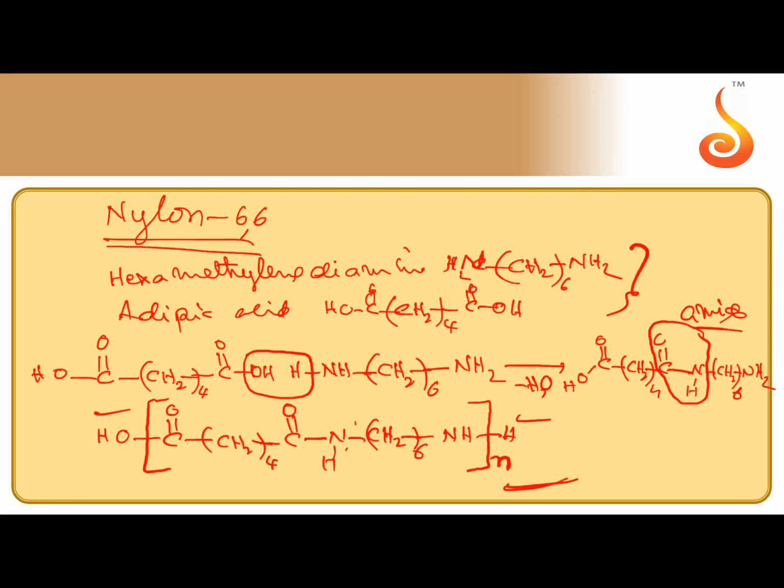For addition polymers, it is very easy. Just you break the pi bond and you show two vacancies at two terminal carbons. So sometimes they may ask monomers by giving repeating unit. If it is polyamide, what you have to do, just you break the CN bond, the bond present between CO and N, you break this one, you attach OH to the carbonyl carbon, H to the NH.